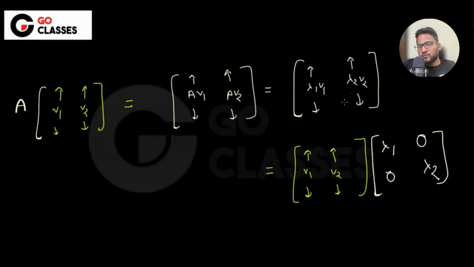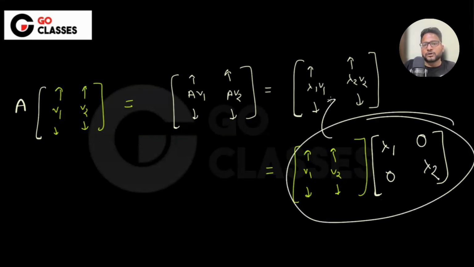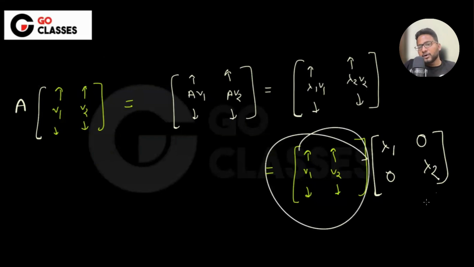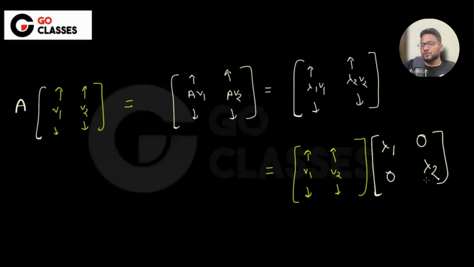Or if you can't go from here to here, just try to see if you can multiply these two and you can get it. From here to here, at least you should be going. Is this direction fine? You should be able to understand that A into the matrix of eigenvectors is ultimately the eigenvectors into the matrix of eigenvalues.